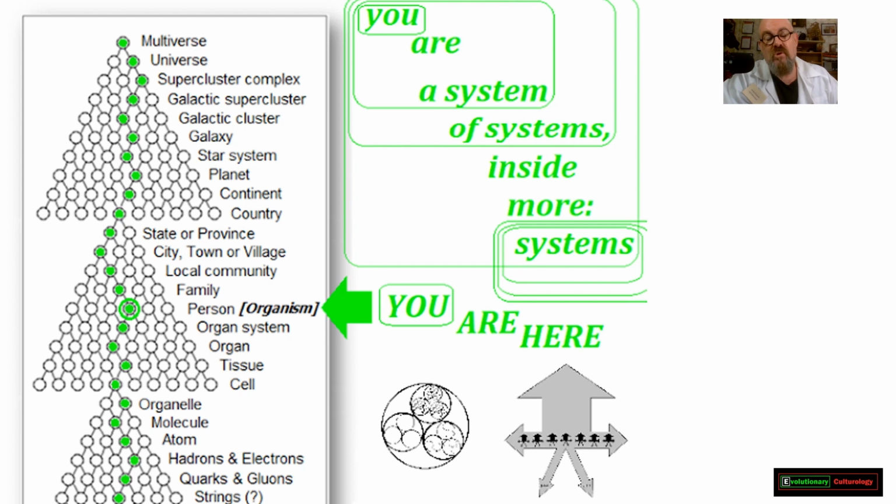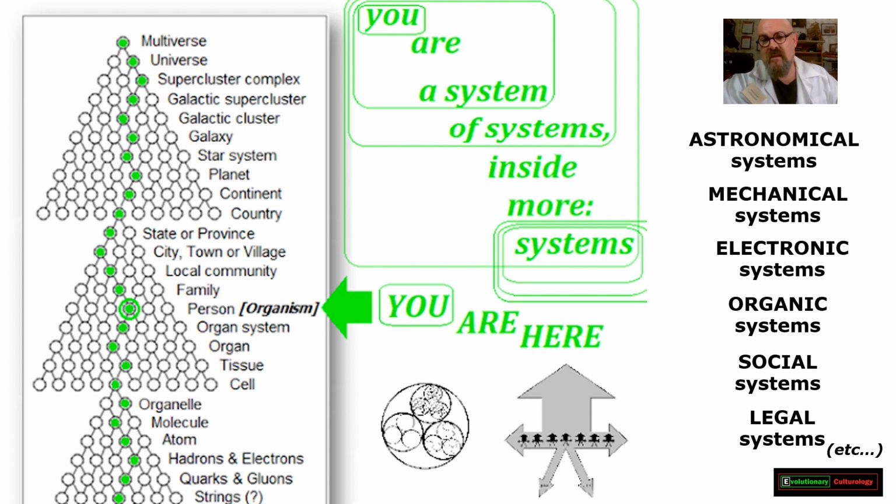Here's a snapshot of the EvCult worldview again, showing different units on different scale levels of the fractal Holon parton, from atoms down near the bottom, up through people and planets, up to the universe, etc. In short, you are a system of systems inside more systems.